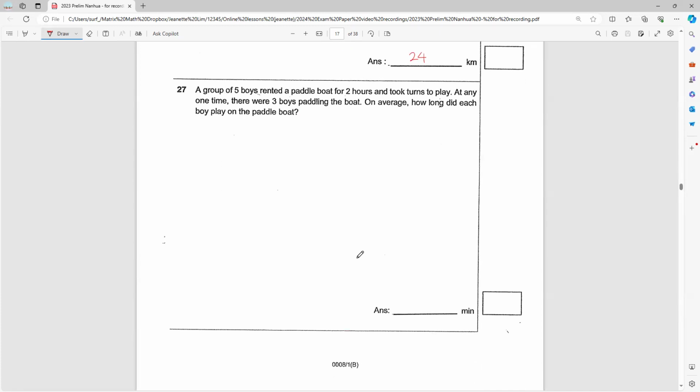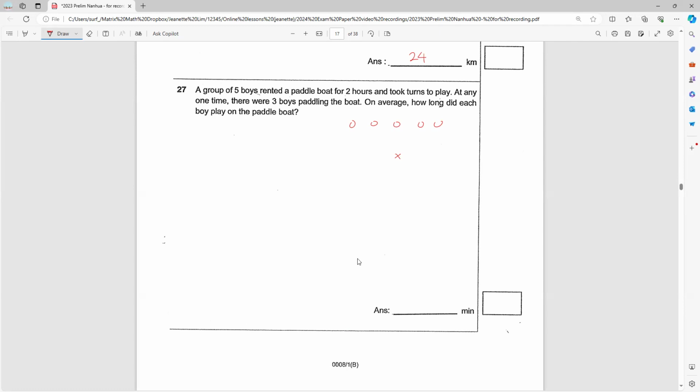There are actually 3 allowed at any one time. But before that, let's say there are 5 of them, 1, 2, 3, 4, 5, and there's only one spot. There's only one person who can paddle at any one time.